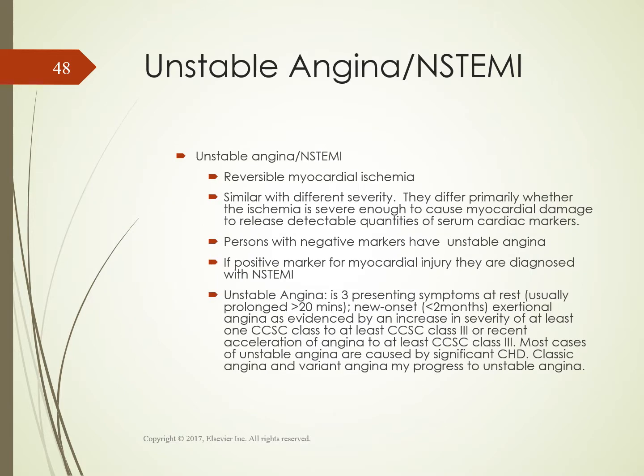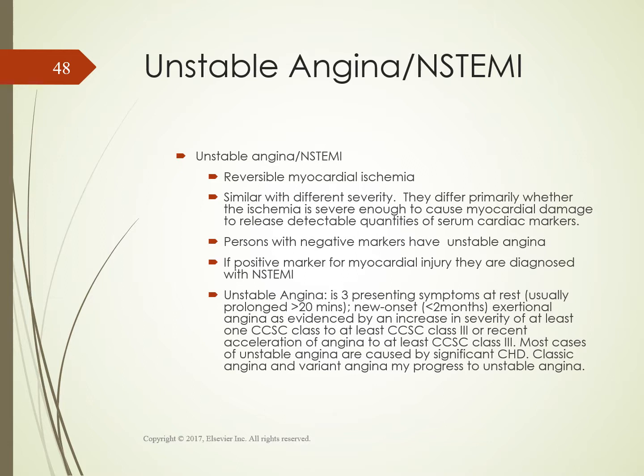So, unstable angina or NSTEMI. We're talking about reversible myocardial ischemia. It's similar with different severity. They differ primarily in whether the ischemia is severe enough to cause myocardial damage that releases detectable quantities of serum cardiac markers. Persons with negative markers have unstable angina.